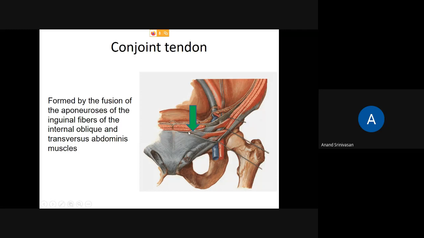So nature has provided this conjoint tendon to strengthen the defect present in the external oblique muscle. This conjoint tendon is also used during hernial repair. Usually they will stitch this conjoint tendon to the inguinal ligament so that the hernia will not come out. So that is regarding the conjoint tendon.